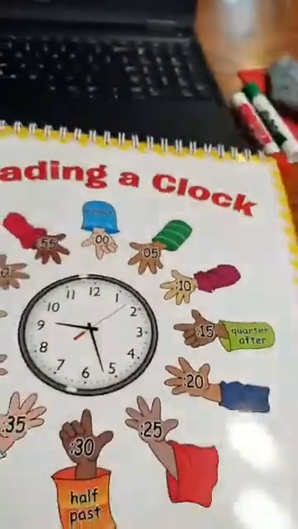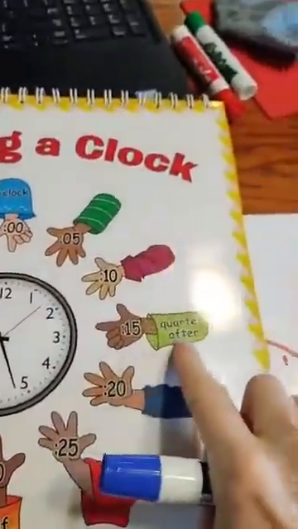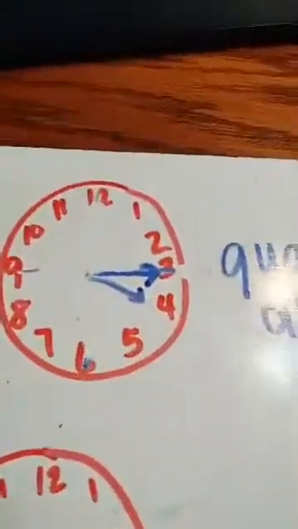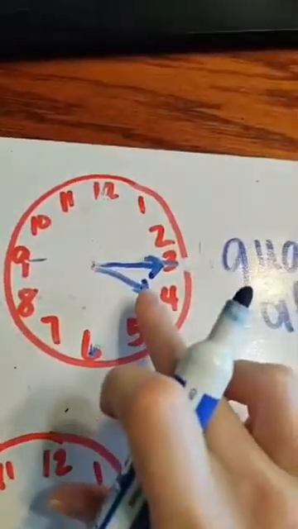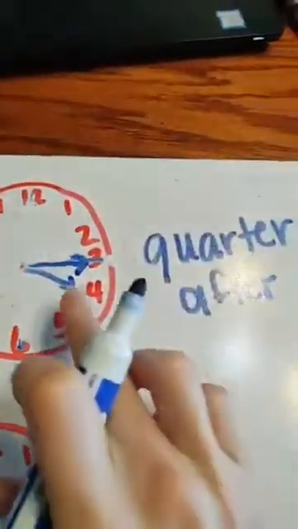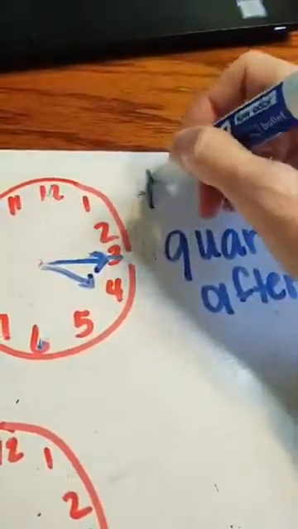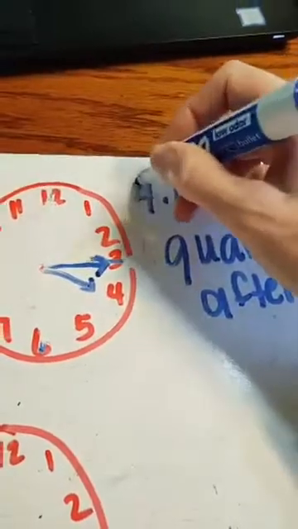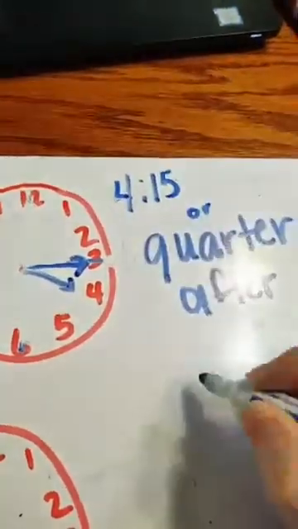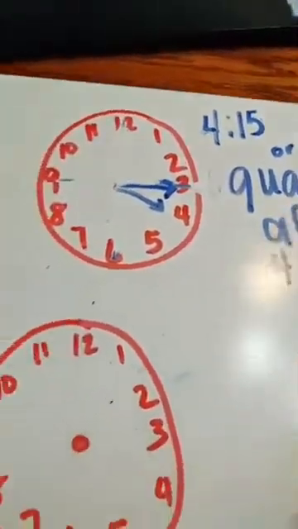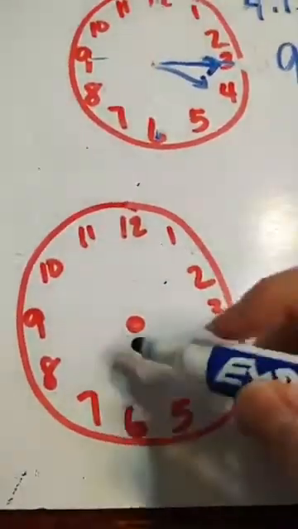If we look here, we can see on this clock, when we're at a quarter after, that's 15 minutes. So we could call this time on my clock 4:15 or a quarter after 4. Okay, so let's take a look at another one now.